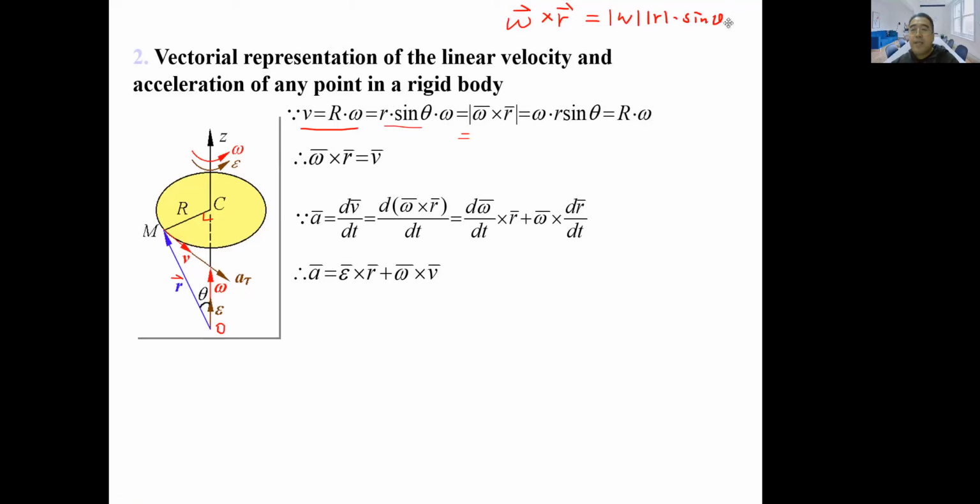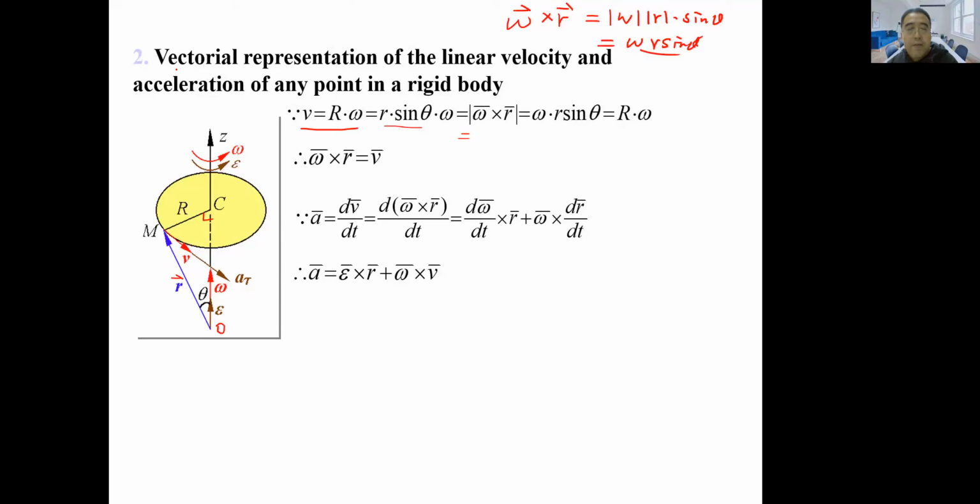And this theta is the intersection angle between the vector omega and the vector R. So actually, we use the reverse direction to find that this one equals this. So why does this one equal this one and equal this one? That means we have this expression.